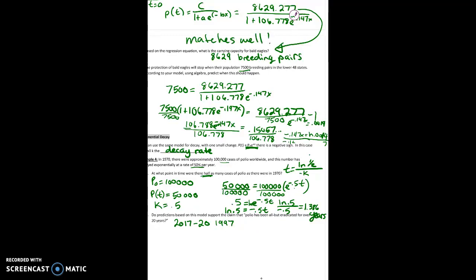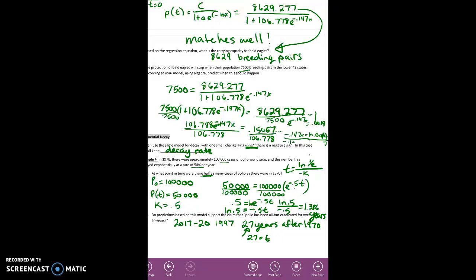And so 1997 is how many years after 1970? Well, that's 27 years after 1970. So that's the time. So we're going to be putting in 27 for T. And so now that we know T, we can just plug in and solve.